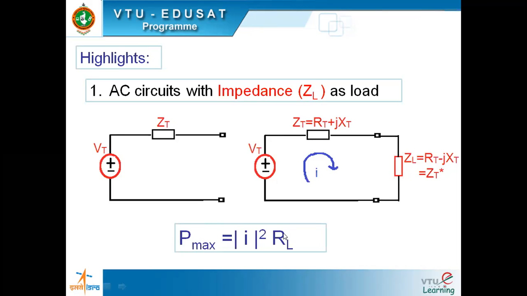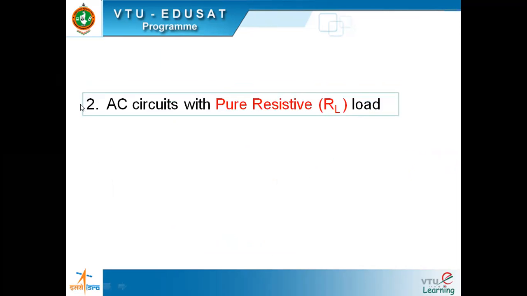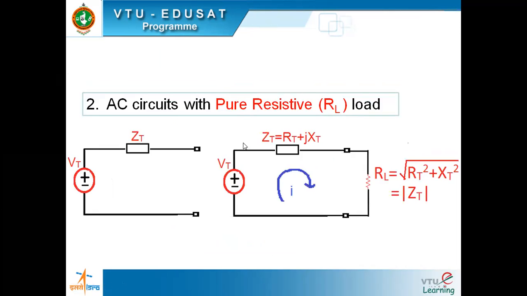That is why we consider RL when we are finding the power or the maximum power. We don't consider the whole impedance. Always P max has to be a real entity, not imaginary. That's why we consider only the real part of the load. Fine. First. Second, what if the AC circuit is there and the load is purely resistive?